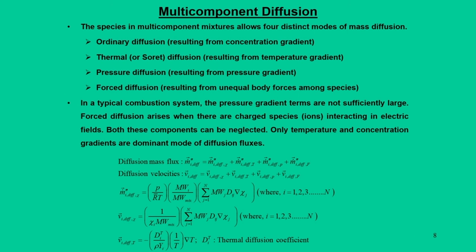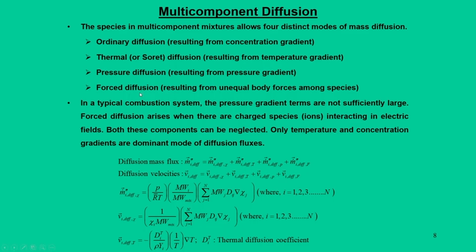So, when I say ions, obviously these are positively or negatively charged particles. For example, a chemical reaction that takes place in an electrical environment. So, we expect there may be formation of ions. When such a thing happens, the unbalanced body force needs to be taken into account, and such a diffusion process we call force diffusion.